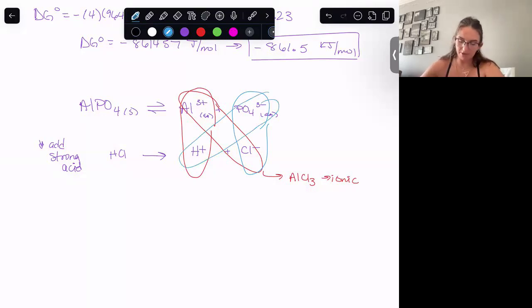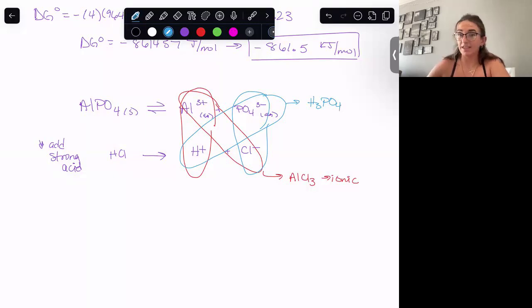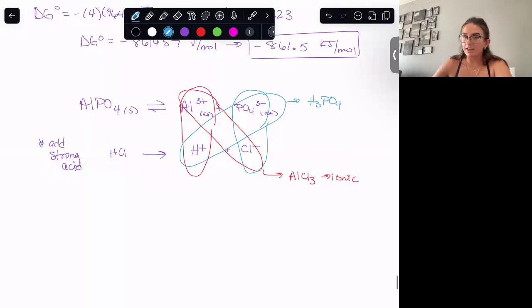What happens to hydrogen and PO4 3 minus though? What happens when we get here? What forms? Good. This forms H3PO4. Now you have H3PO4 in solution, and you're in an aqueous environment. So what's going to happen with H3PO4?